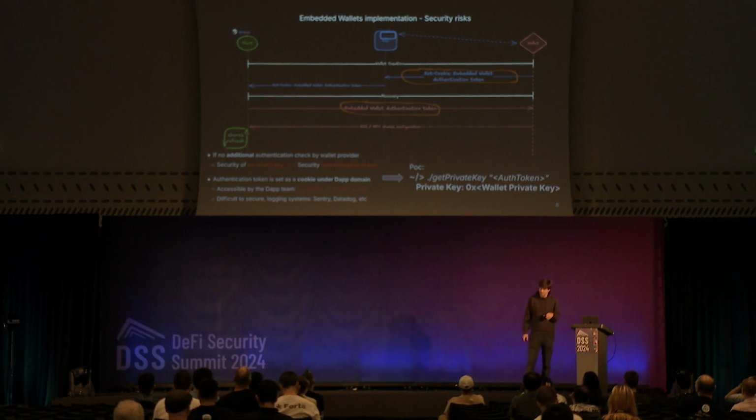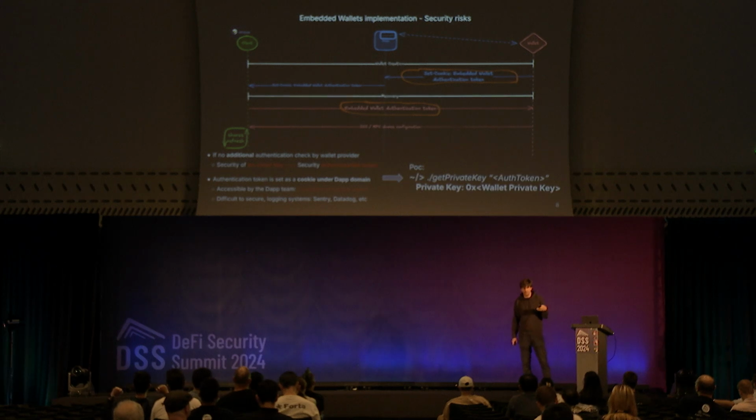We've seen in production that sometimes it's the only thing needed to authenticate with the wallet provider and perform a key refresh operation. So in other words, the security of your on-chain private key is as strong as the security of your authentication token. So that's the first problem.